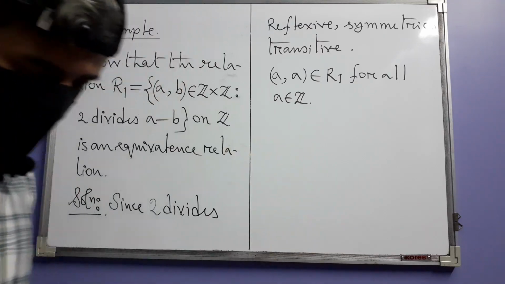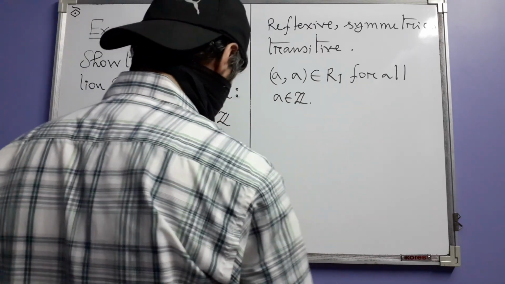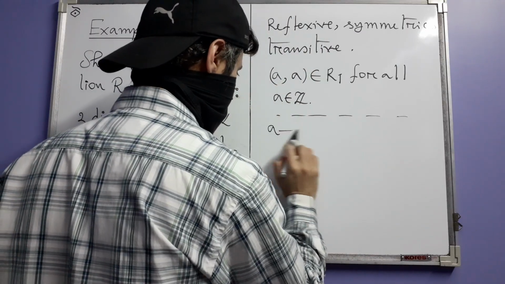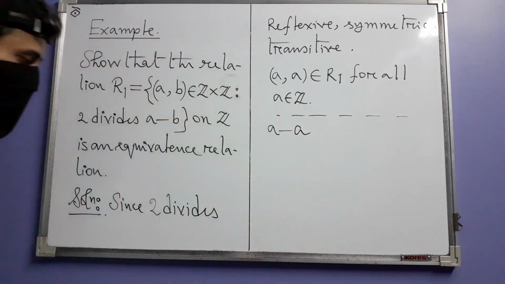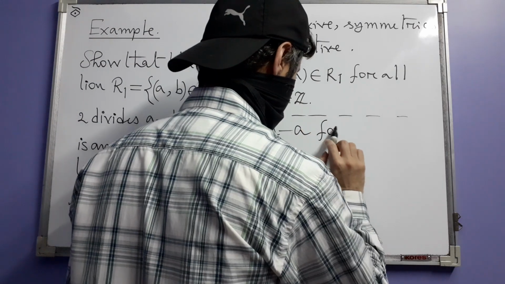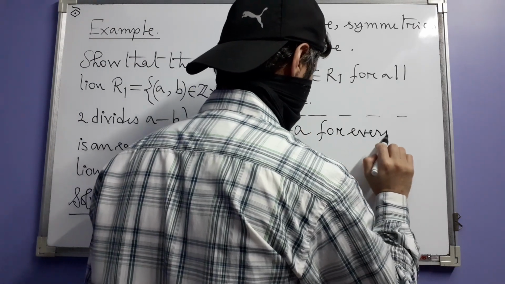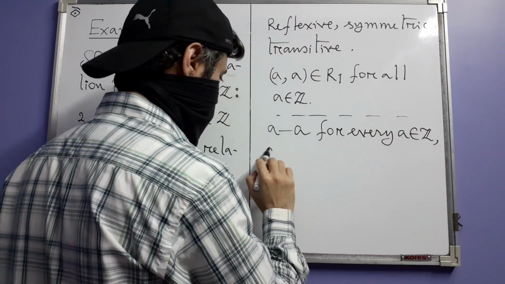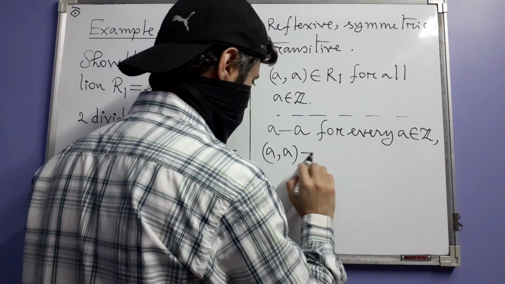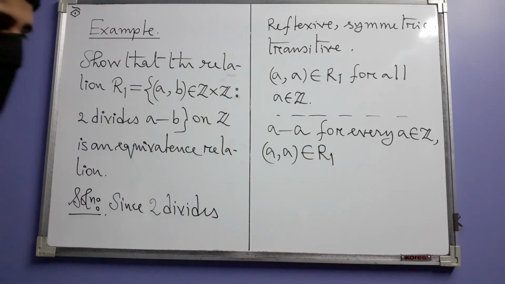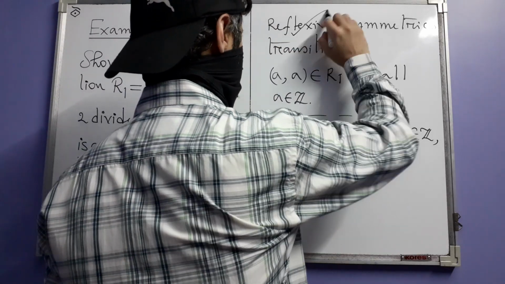Let me write from here. Since 2 divides a minus a, for every a in Z, this belongs to R1 for every such a, and that is why R1 is reflexive.